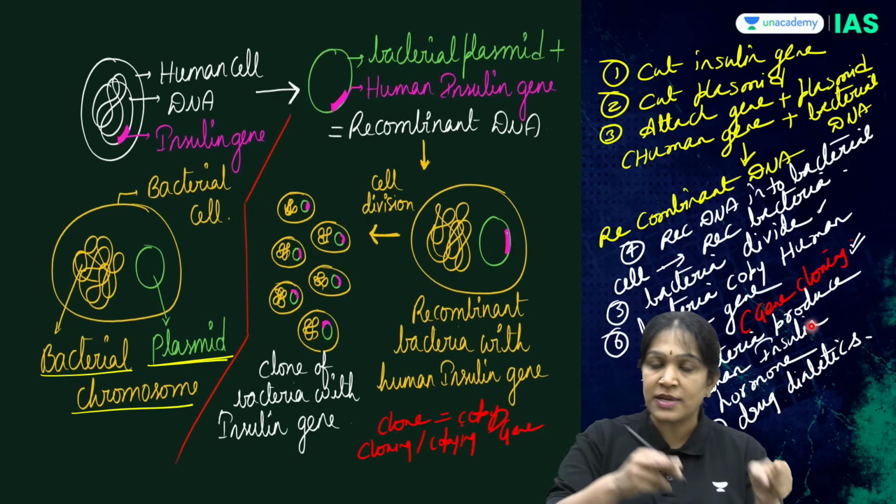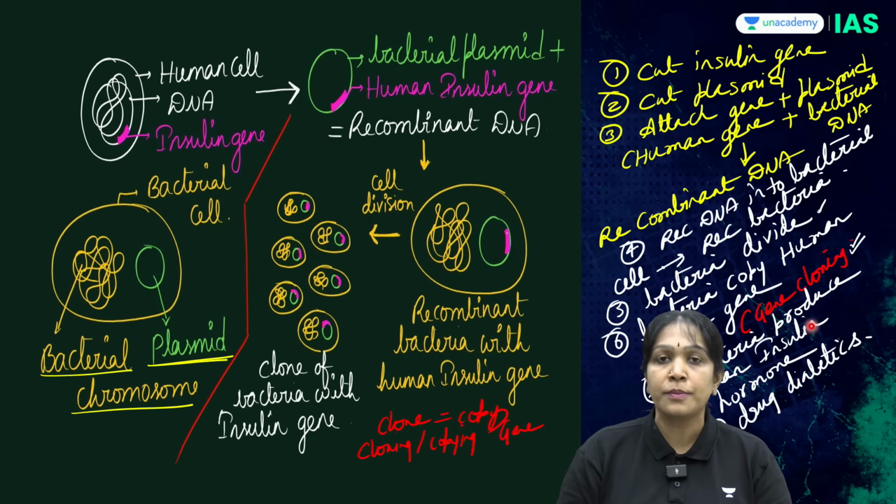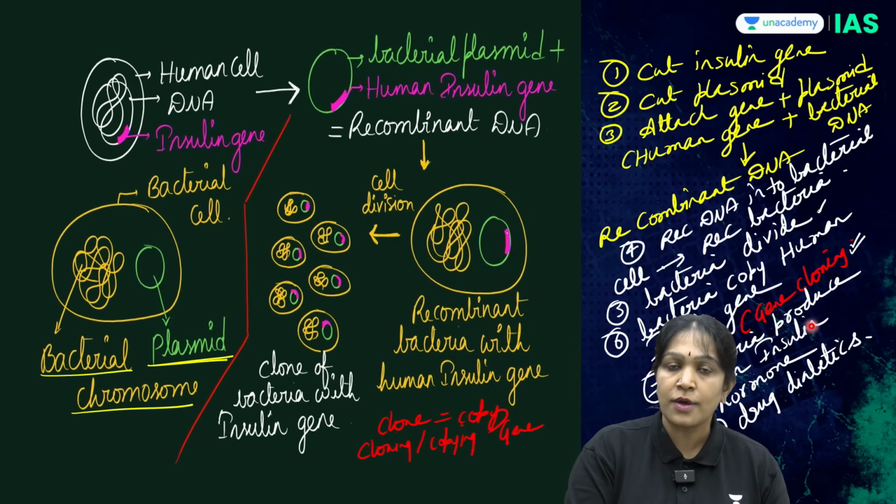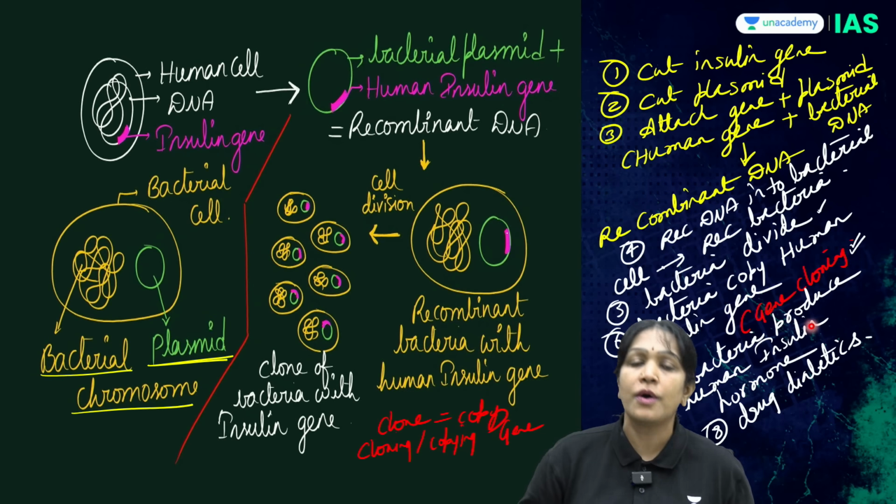If you keep the insulin gene, it will produce insulin hormone. If you insert the growth hormone gene, then it will produce growth hormone.